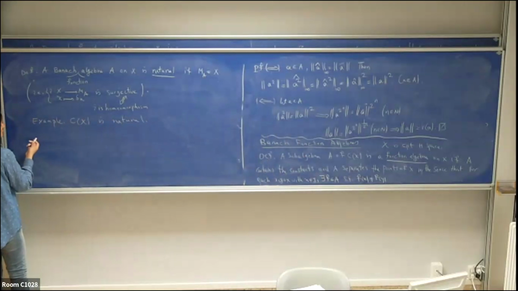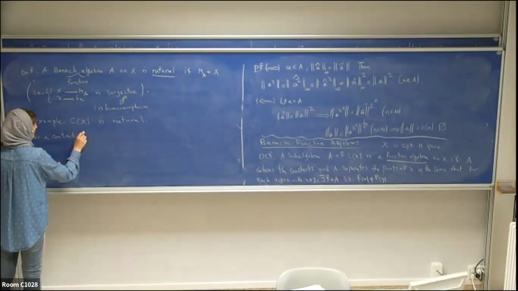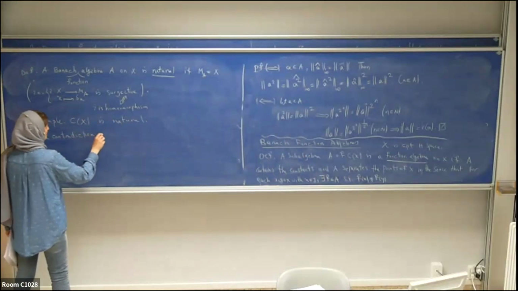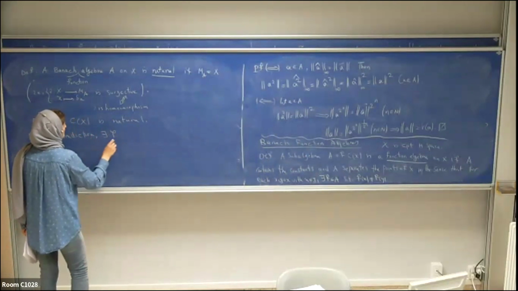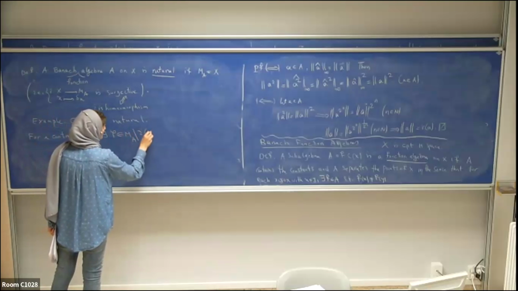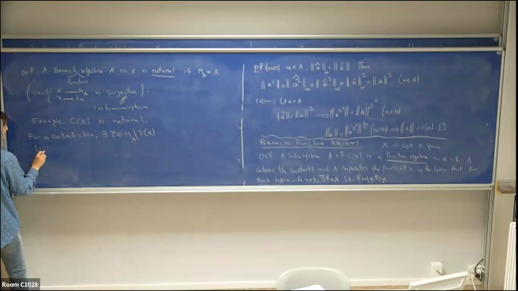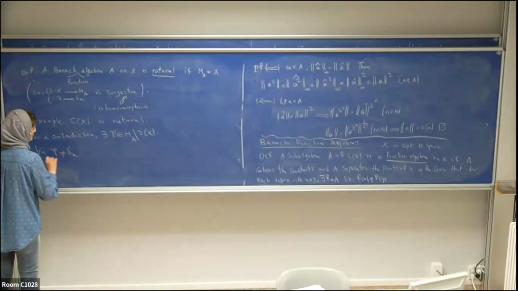If it's not true, for contradiction, we assume that I is not surjective. And so there exists phi in M of A such that it's not in the range of I. So for each x, phi is not of the form delta x.